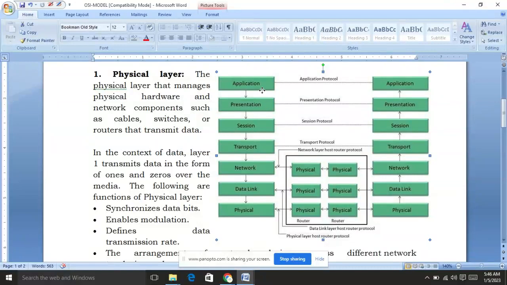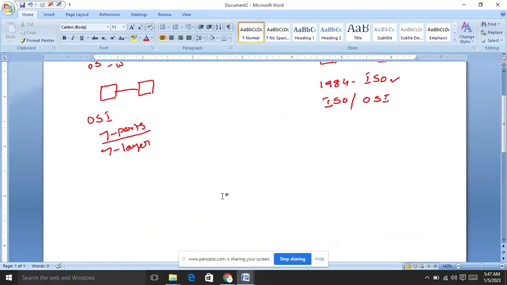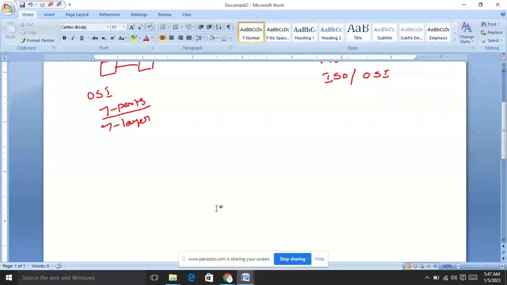Please observe carefully. I am explaining from bottom to top: physical layer, data link layer, network layer, transport layer, session layer, presentation layer, and application layer. When studying the OSI reference model, you should understand that, suppose this is the sender system and this is the receiver system.